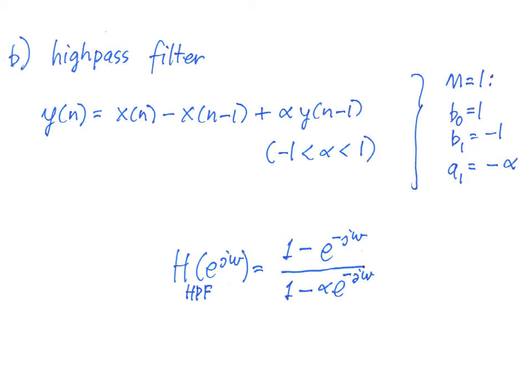That's one way of looking at M. The higher the M, the more complex and costly this filter is to implement. So this is a simple high-pass filter, as was that low-pass filter. They differ in the sign of one coefficient, and that's the one in the numerator, the B1 term.